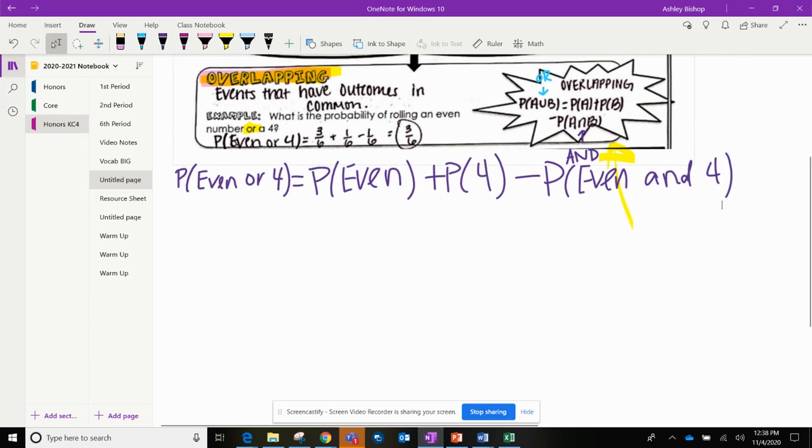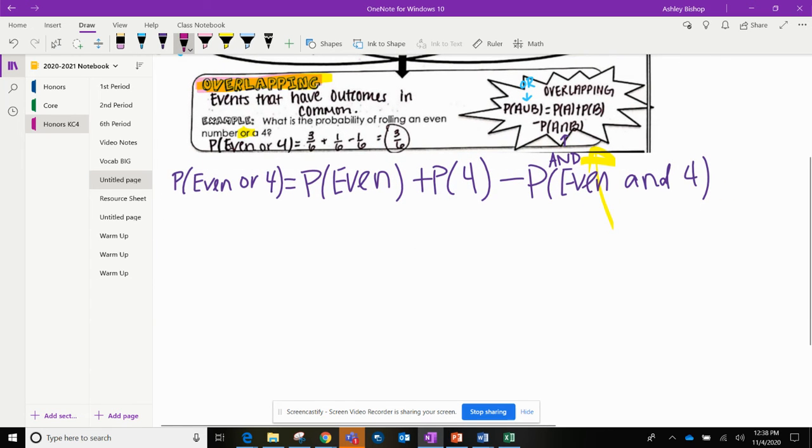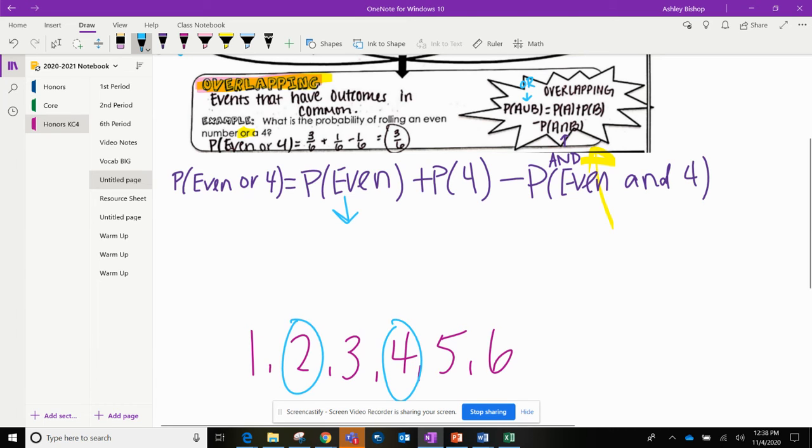Now I can just do the probabilities down here. Let's remind myself, when I am rolling a die, I have numbers 1 through 6. Out of those 6, what is the probability that I pick an even number? Well, 2, 4, and 6 are all even numbers, so 3 out of 6 of those are even. I'm not going to simplify until the end of my problem.